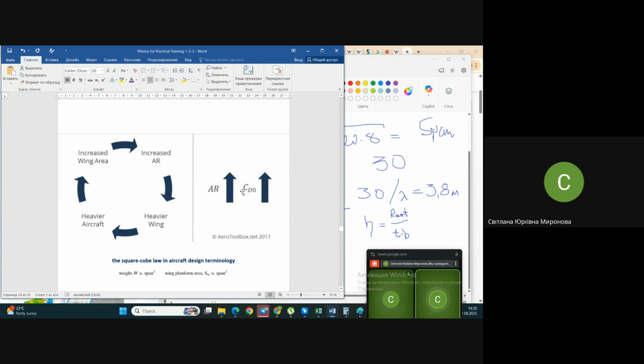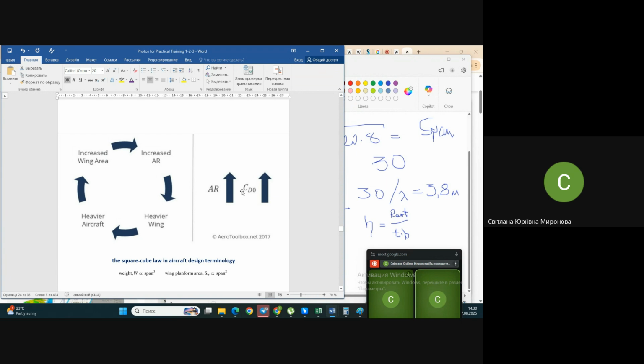But there are design books, books for the study of design disciplines for students and books for engineers, which contain a lot of diagrams. These diagrams show how one parameter or another will affect the wing, the airplane weight, the flight dynamics, the airplane performances, and so on.